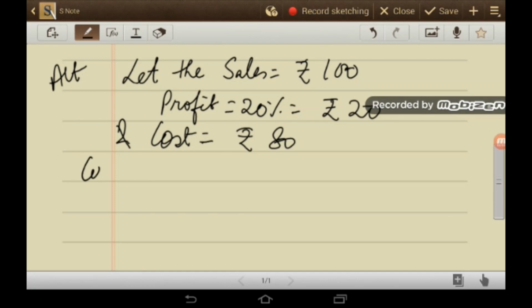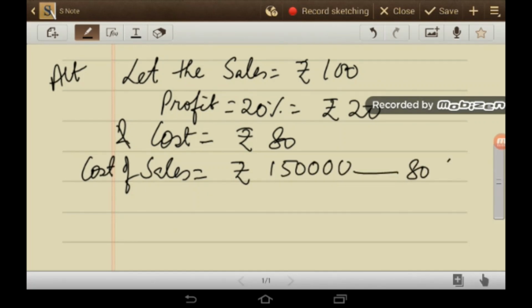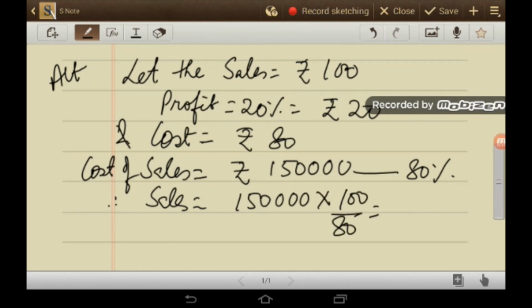Now cost of sales is given as rupees 1,50,000. So this represents 80%. Therefore, sales is equal to 1,50,000 into 100 by 80, which is rupees 1,87,500.